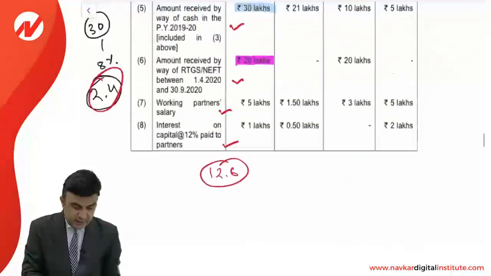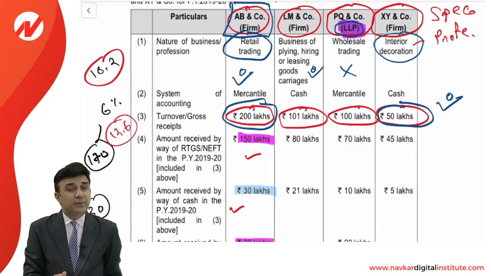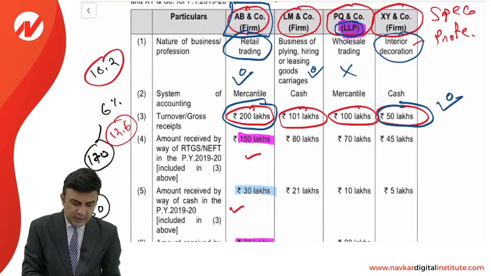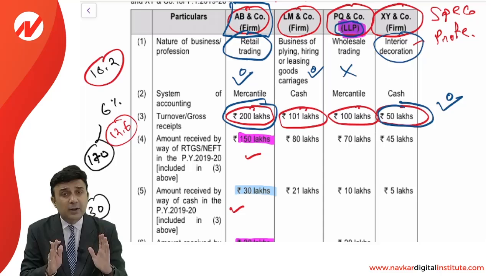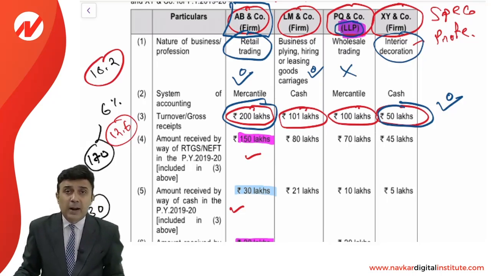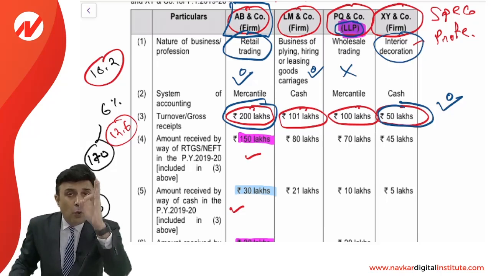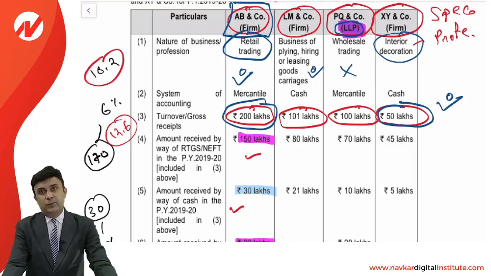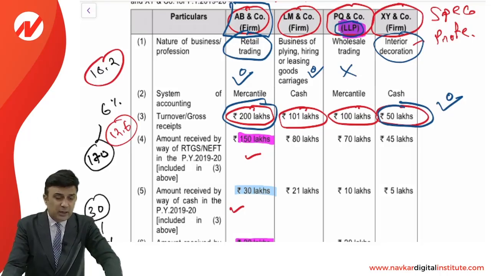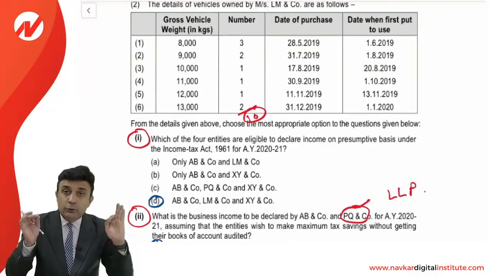Can I say LMN company is into plying, leasing, hiring of goods carriages? Now, if it is into plying, leasing, hiring goods carriages, they can declare their income to be 7,500 rupees per month or part thereof for each vehicle owned by them, if the vehicle doesn't have a capacity of more than 12,000 kilograms.